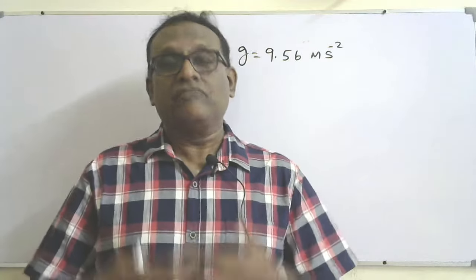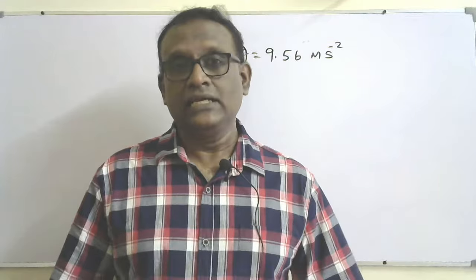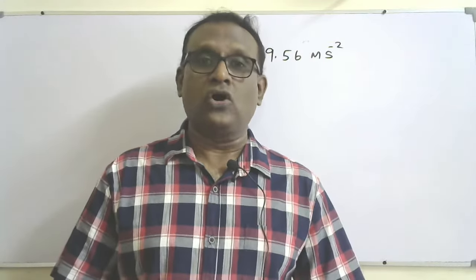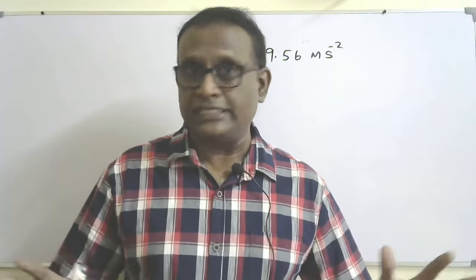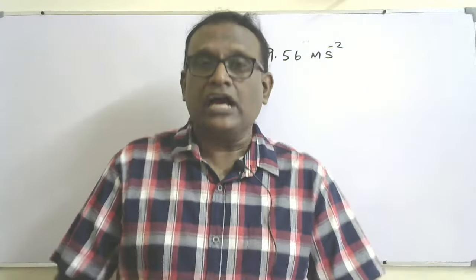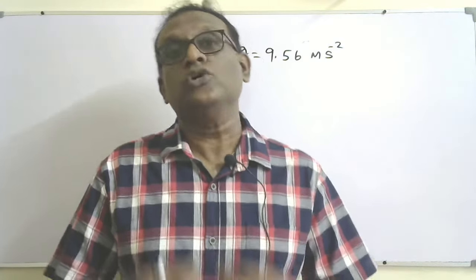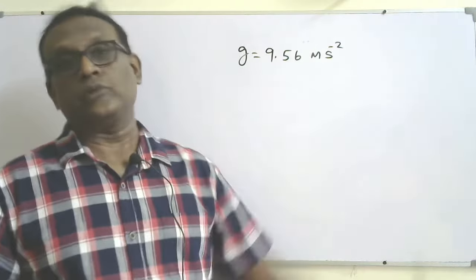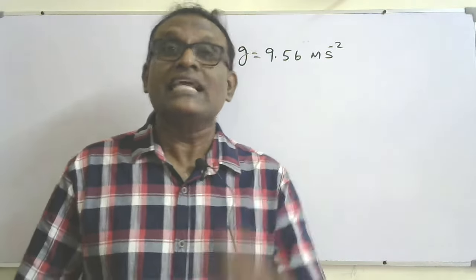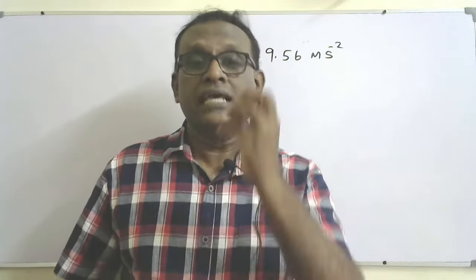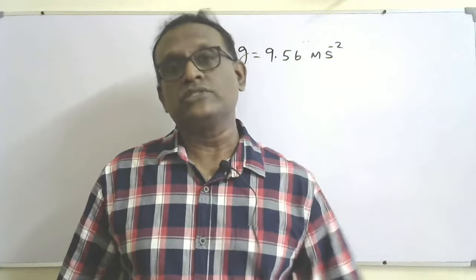To reach that final conclusion, we need a mathematical approach called error calculation. It's nothing related to error. Even if you work very carefully without making any mistake, you might not get the actual value of 9.81, because that depends on the uncertainties of the experimental instruments you are using in the laboratory.